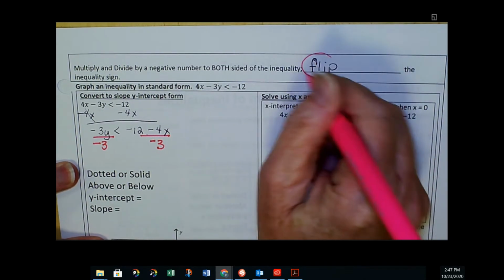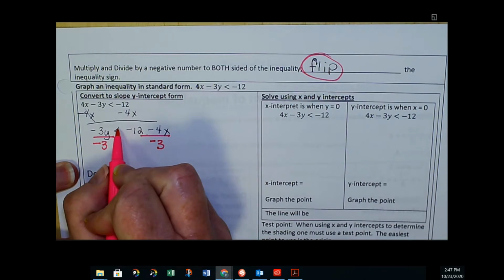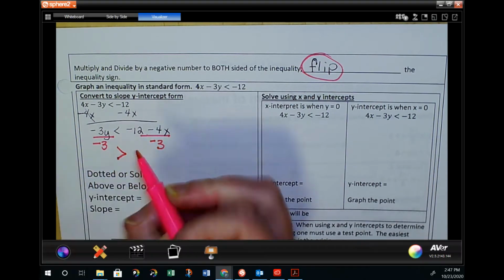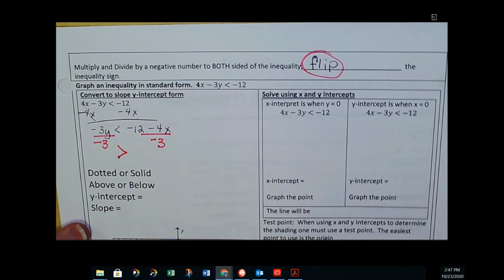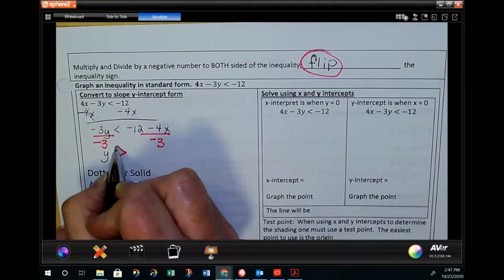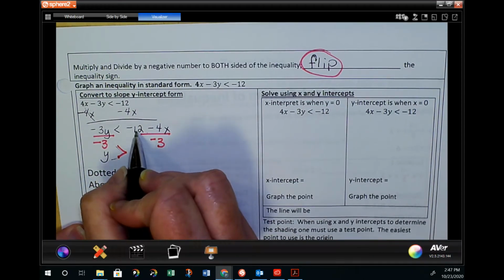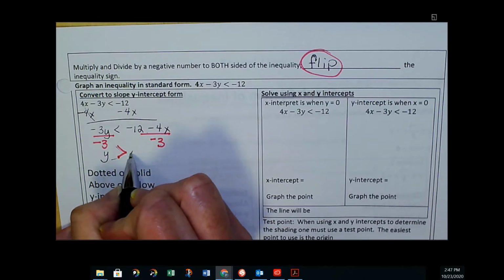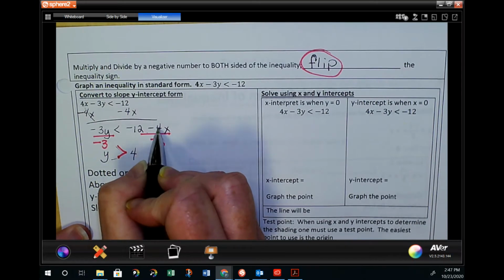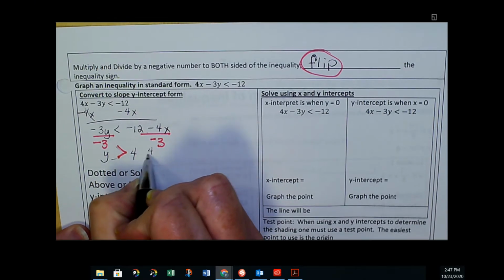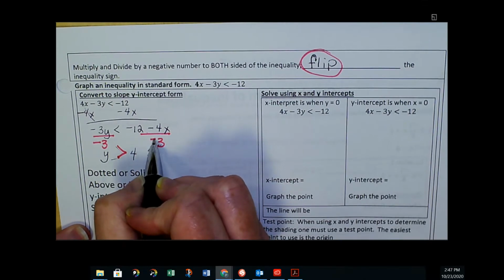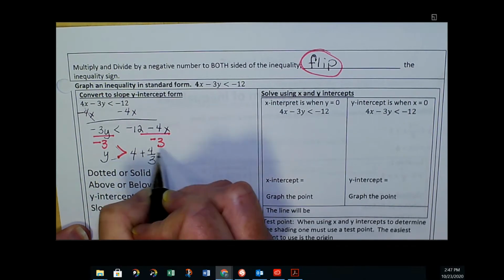But when I divide, I have to flip that inequality. So instead of less than, it's now going to be greater. And so now you've got y is greater than negative 12 divided by negative 3 is positive 4. And then negative 4x divided by negative 3 is 4 over 3, and a negative divided by a negative is a positive.